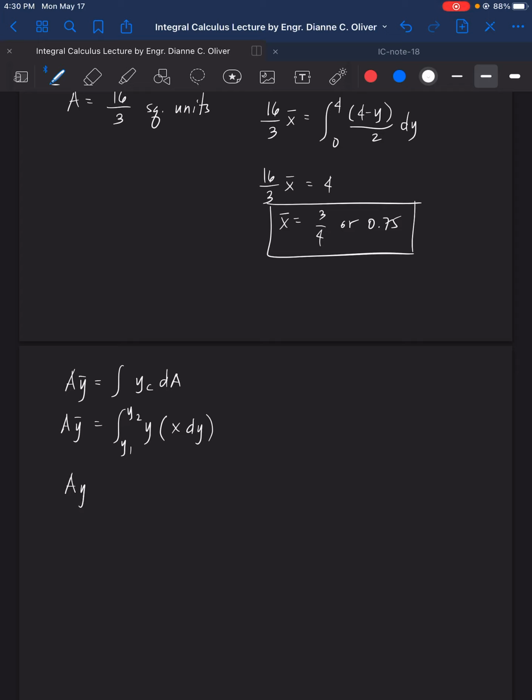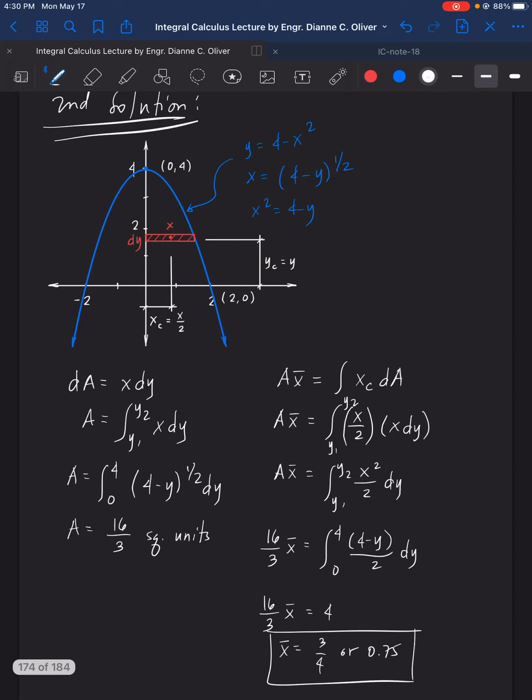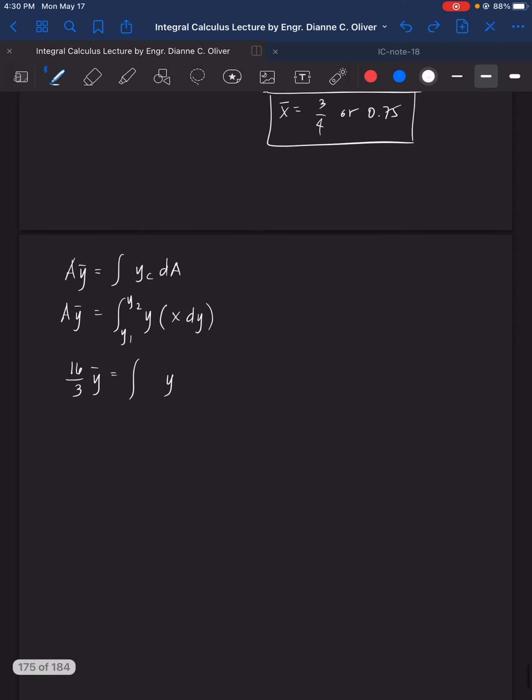So let's substitute the values for area. 16/3 y bar is equal to, leave y here, then we have x. So what's x again? x is 4 minus y raised to 1/2. So that is 4 minus y raised to 1/2 dy. y1 is 0, y2 is 4.